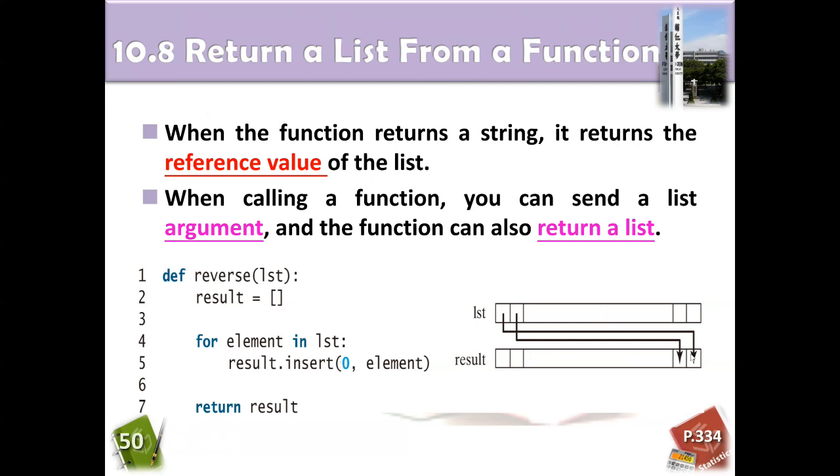Actually it will be empty at first. We copy the first element and insert it at place 0. And the second time the for loop will move to the next element, right? That element will be inserted at 0, in front of the original value, which makes the original become index 1.